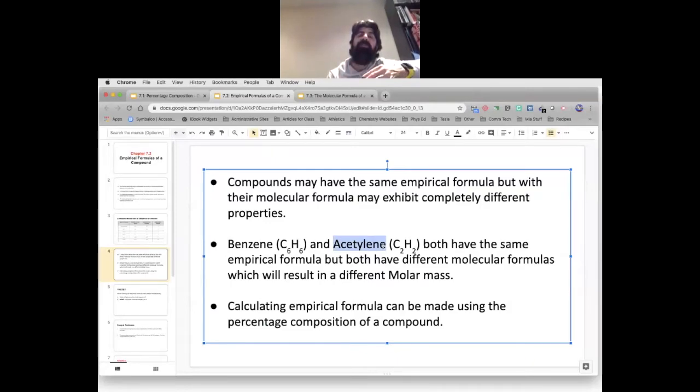So it would be very difficult to decipher just on the empirical formula alone which unknown substance it is, but it at least helps us narrow it down to a select few molecular formulas.